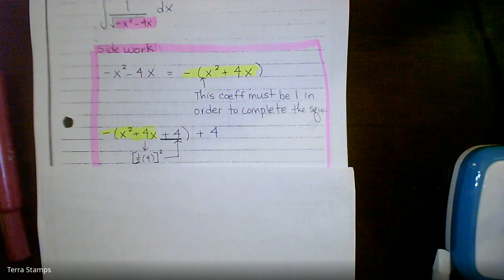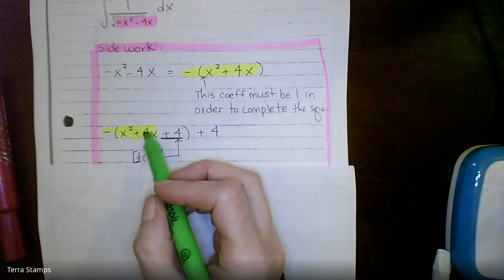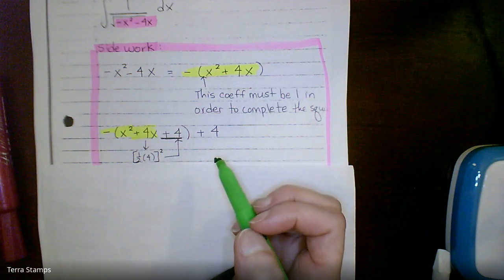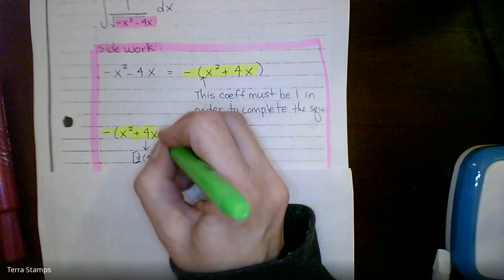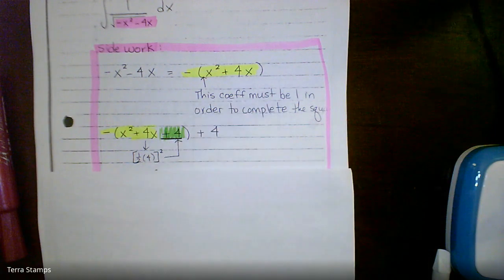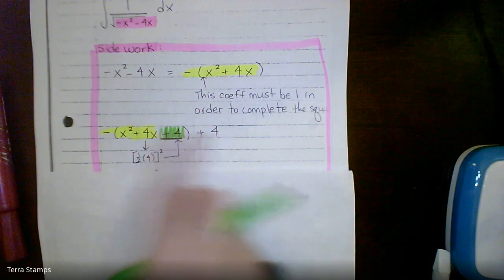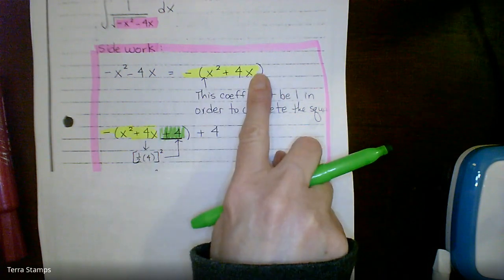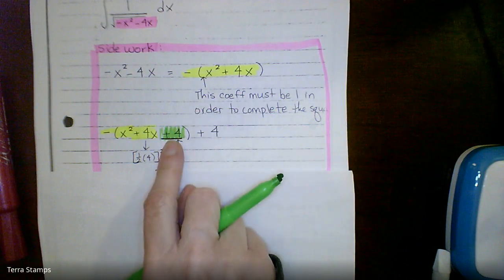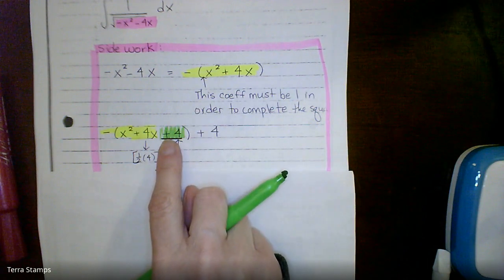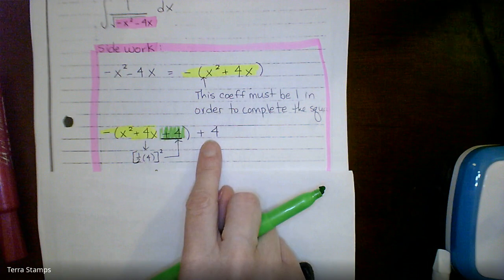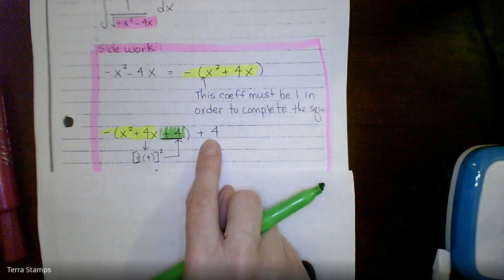To complete the square, I'm going to take this 4 right here. Half of it is 2. 2 squared is 4. Boom. There's my number that completes the square. Now, remember how I said that we want to keep this the same expression as what it was before. So we have to compensate. So if we add 4 here, well, you might think, well, I would subtract 4 here. You would be right.